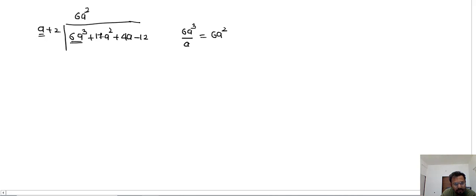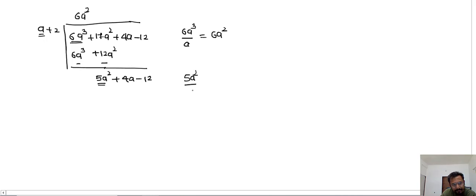Now divide 5a square by a. Step 2, so you get 5a. Put 5a here. Now multiply 5a with both a and 2, so 5a square plus 10a. Minus minus, so 4 minus 10 is minus 6a minus 12. Now divide minus 6a by a, so put minus 6 here.